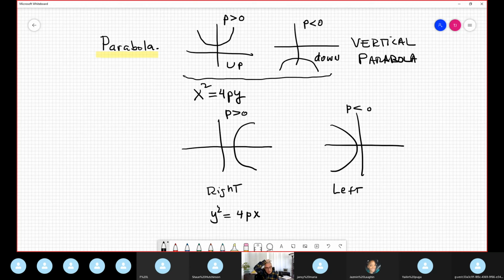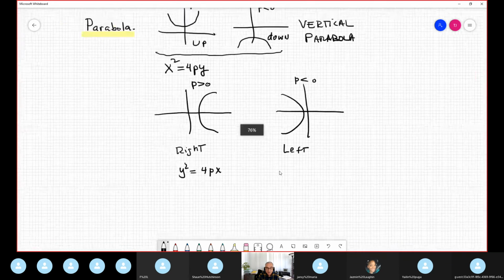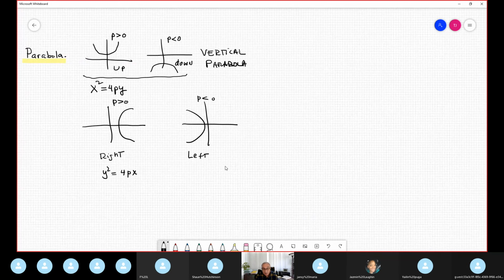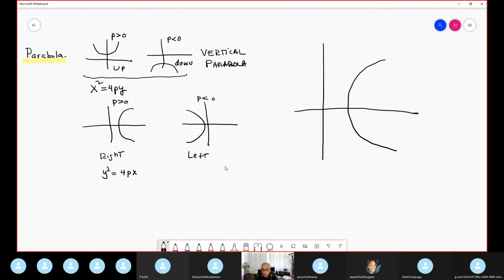One more important information we need to know about parabola. Well, the parabola contains different characteristics and parameters. Look, suppose one parabola opens to the right. Okay, this point is called the vertex. You know that.